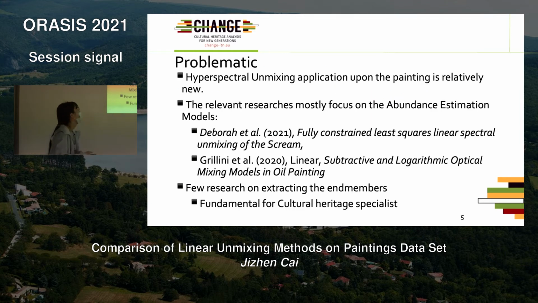So the problematic. As I mentioned just now, even though hyperspectral unmixing has been used for the past few decades, and its applications are very various, as you can see here, the relevant research on paintings is very few.